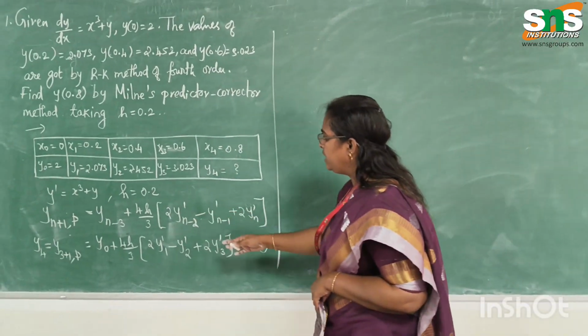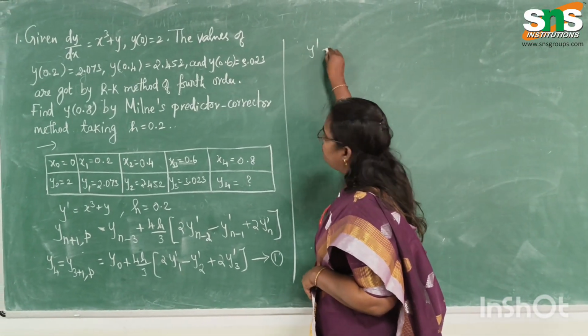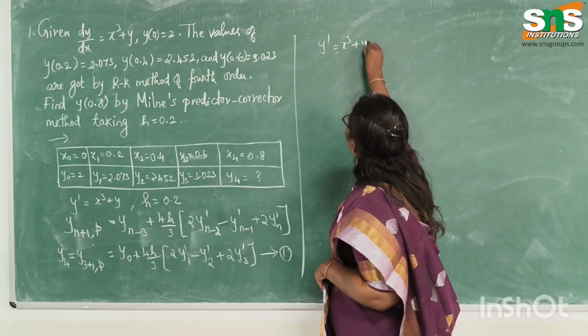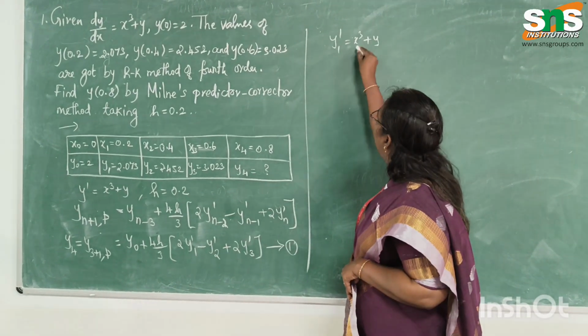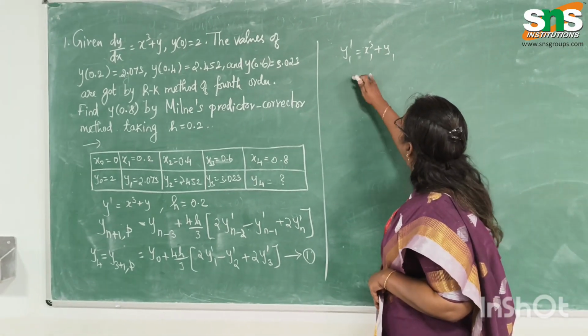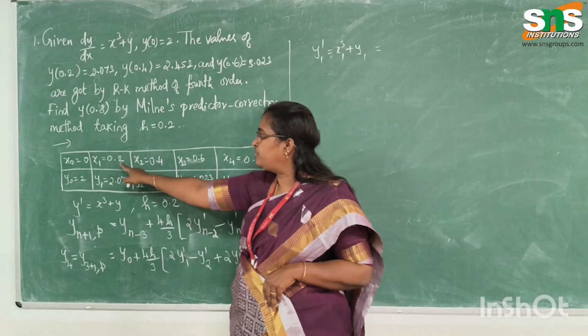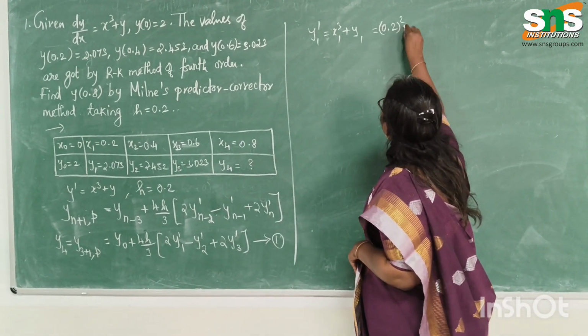Next, I am going to calculate these 3 values. The original function is y dash equal to x power 3 plus y. First we want to calculate y1 dash, so put 1 for each value. x1 is taken from the table: 0.2 cubed plus y1.